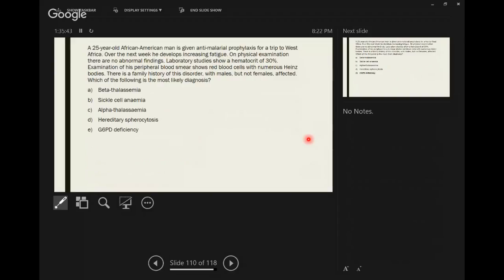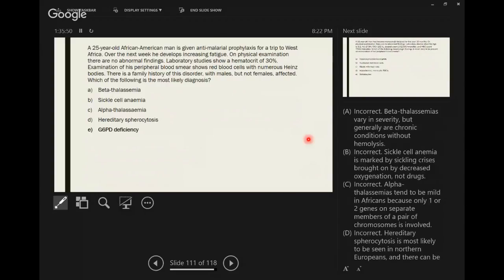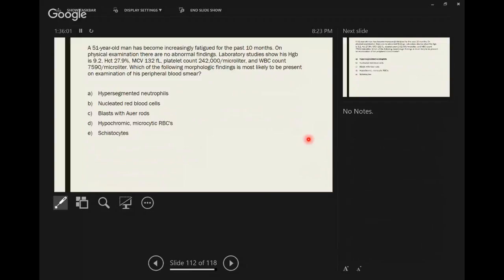All right. What do you think? A? Yeah, because anti-malarial is usually quinine or doxycycline. We're going to know doxycycline and assume it's quinine, which is the most common thing to bring on G6PD deficiency. Nice. All right, do you want to choose someone?